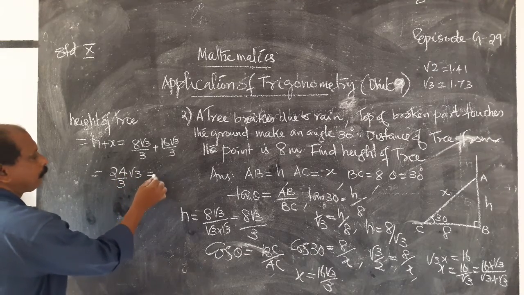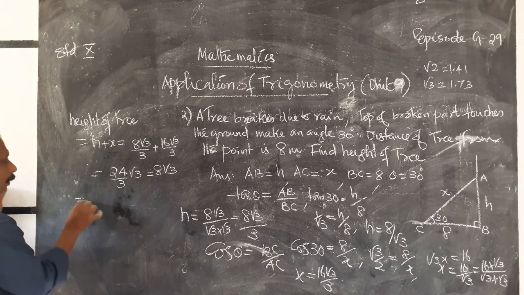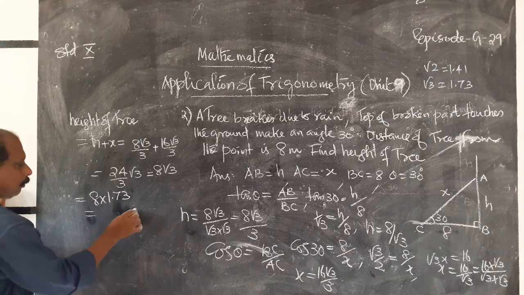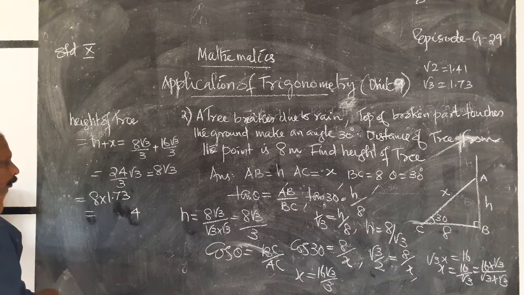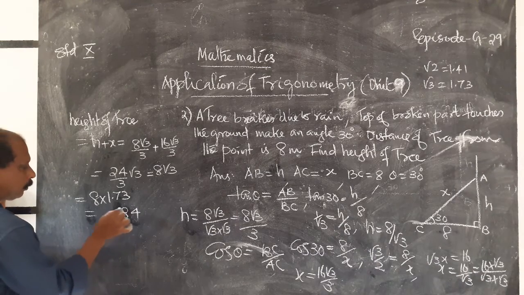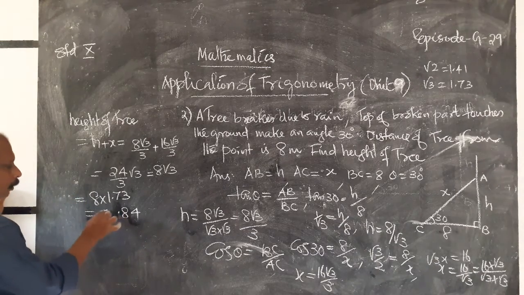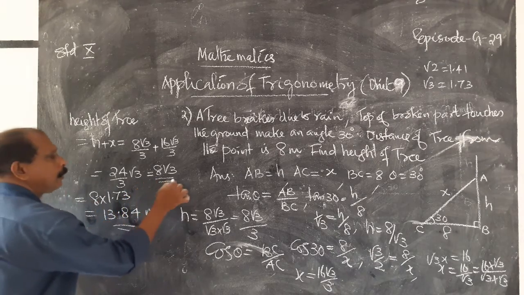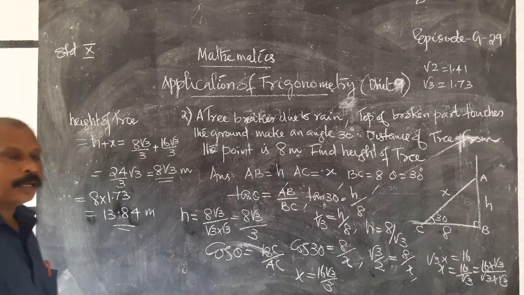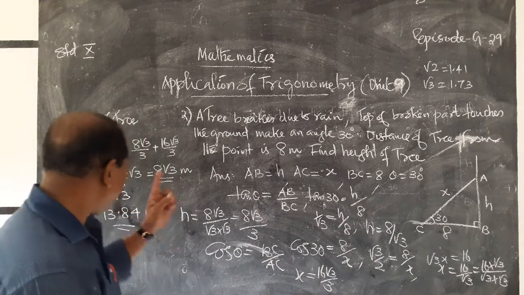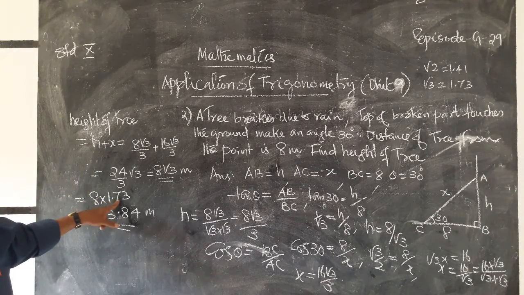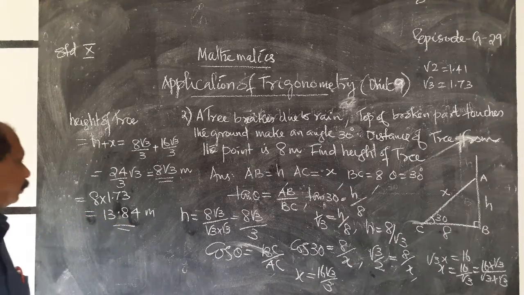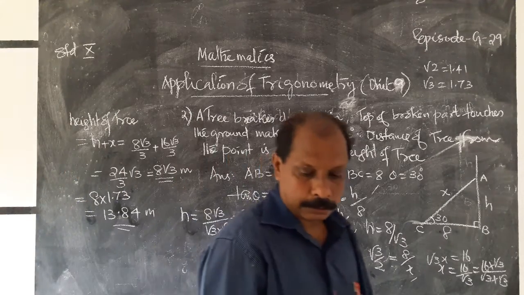We get 8 root 3. That is equal to 8 into root 3, which is 1.73. That is 13.84 meter. That is, the height of the tree is 8 root 3 meter, or 8 into 1.73, that is 13.84 meter. That is the height of the tree.